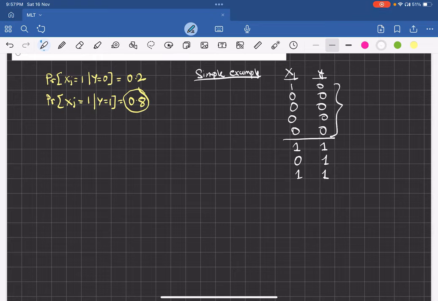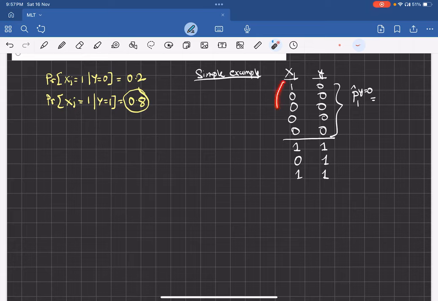The reason being, now what will p1 y equal to 0 hat be? This one denotes the feature j. What will this be equal to? This will be nothing but how many times 1 is occurring in the data set of label 0.